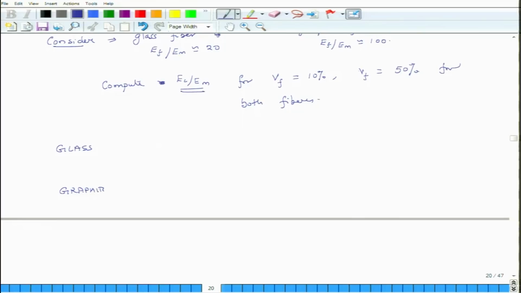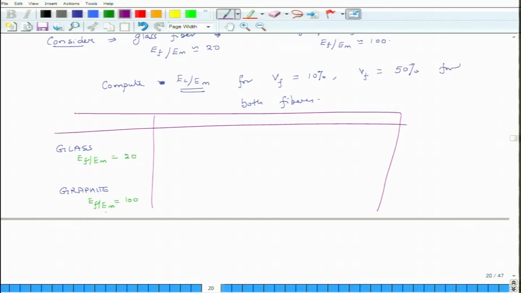For glass EF over EM is about 20, and for graphite EF over EM is about 100, and the first case is VF equal to 10% and VF equal to 50%.